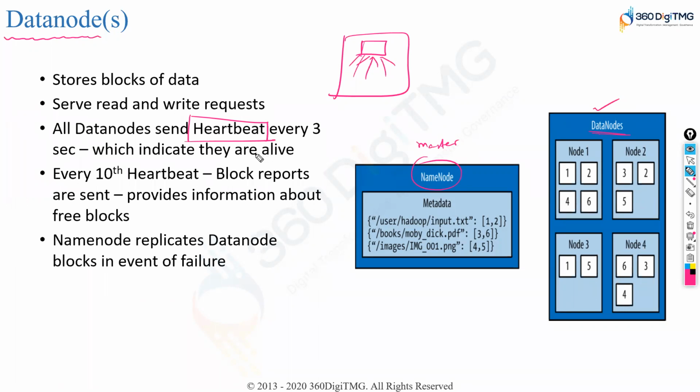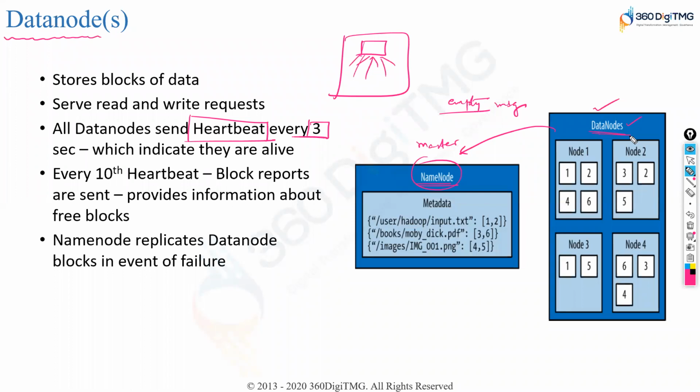What is this heartbeat? Heartbeat is nothing but an empty signal, empty message, a data transfer, right? An empty packet is transmitted from data node to name node at every 3 seconds. Default. This basically informs name node that these data nodes are up and running.